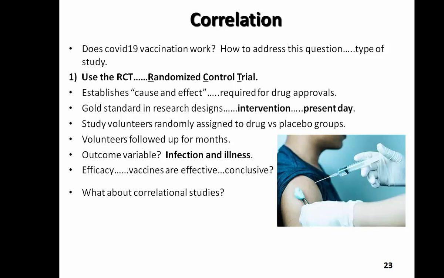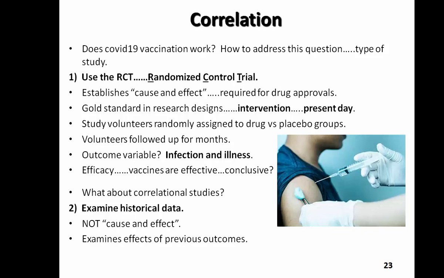But we then move on to the use of correlational studies. Can correlational studies assist with our understanding of how drugs can affect the incidence of human disease? Correlational studies can be used to examine historical data, with the important understanding that this type of approach would not establish cause and effect.